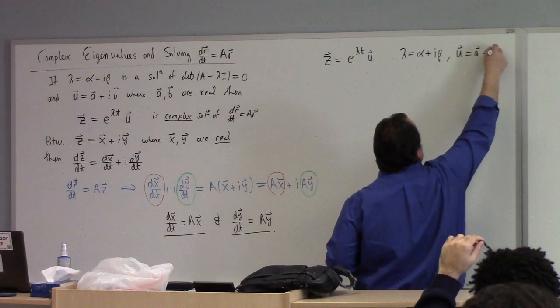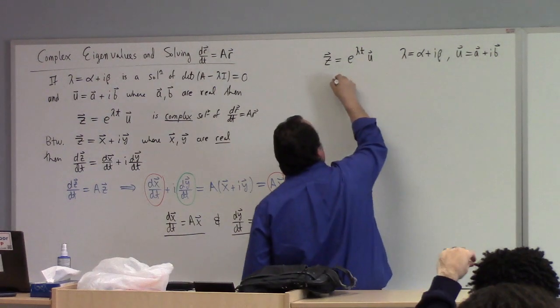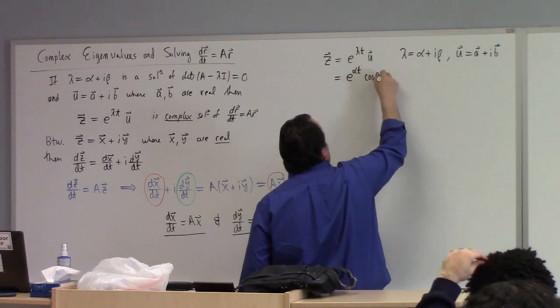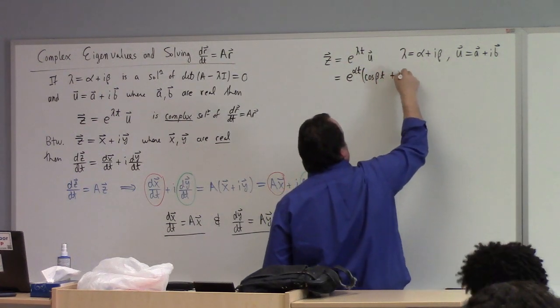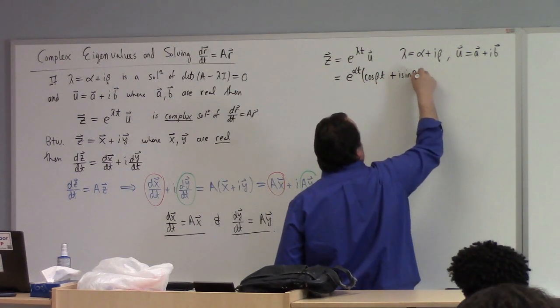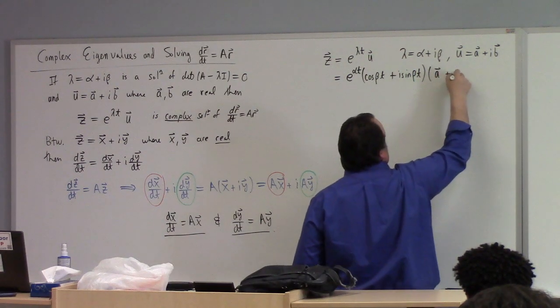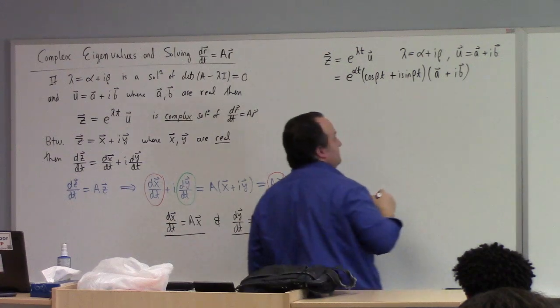Well, this is equal to e to the alpha t times cos beta t plus i times sine beta t, times a vector plus i times b vector.